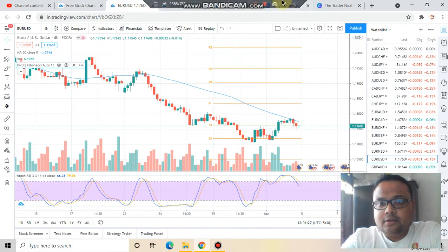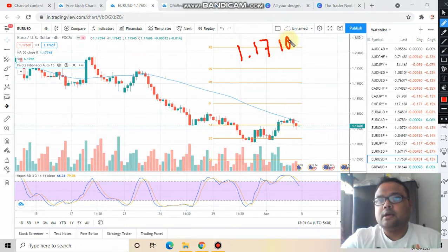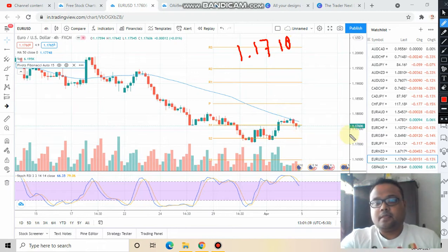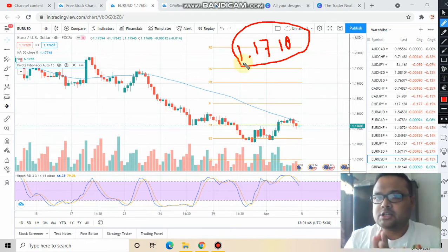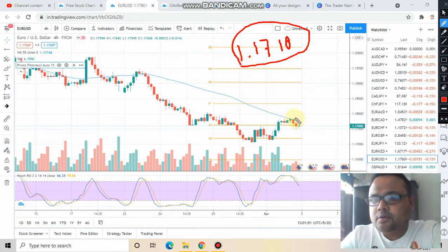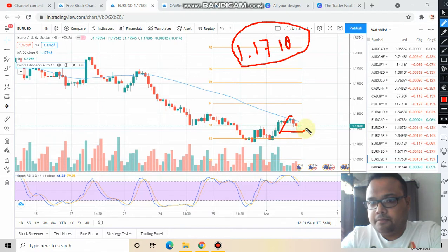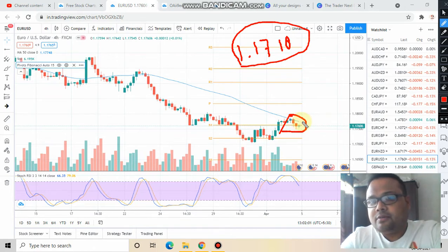So what was the level that we have seen? It was 1.1710, and the current market price is 1.1760. If I ignore this level right now, suppose we do not know about the weekly chart, then we can easily tell that this is a very good position to short the market, because market is getting rejection from above.